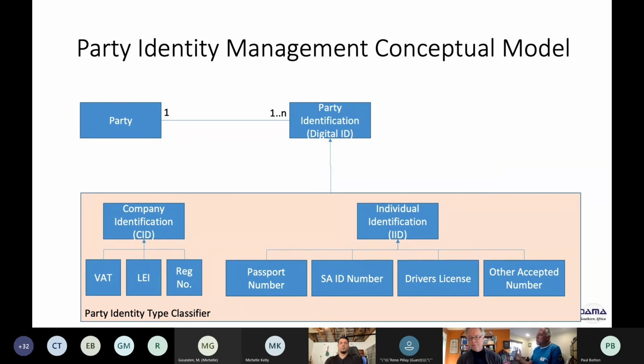And that party can be identified by any one of those. So when we're bringing in data from these different systems of record, we can look up and say, oh, you're an individual. Do you have a passport number? Do you have an ID number? Do you have a driver's license or a social security number or none of the accepted? And we can identify you in multiple ways.